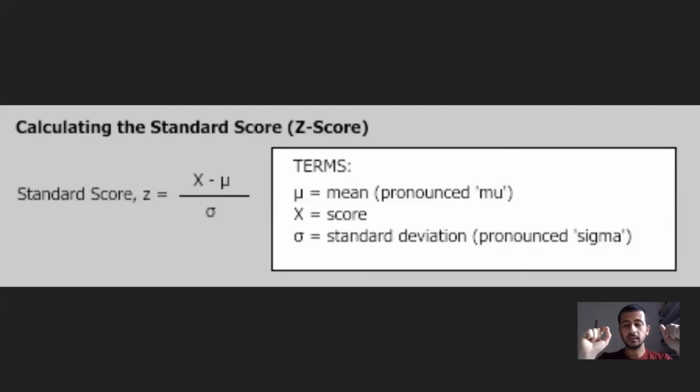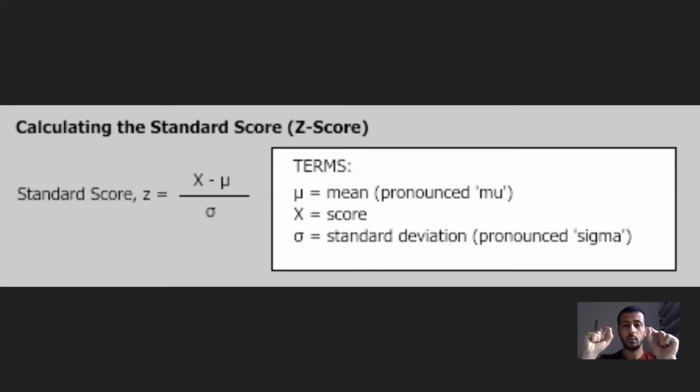The standard score means how far it is from the mean, but not in centimeters, not in meters, not in kilograms, not in anything, but in standard deviations. How many standard deviations is this value far from the mean?